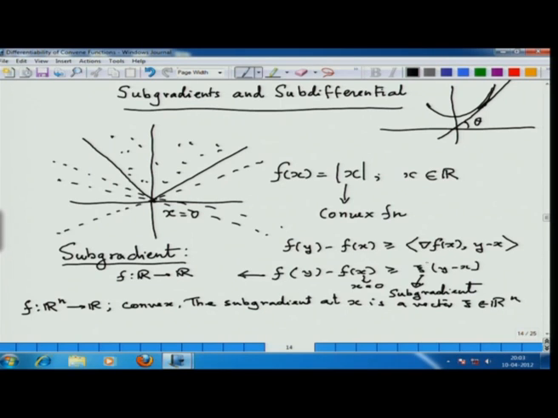Do not confuse this with xi in R. If you are confused, I would just rub it off and give it a new name. Instead of xi, I call it any v, an element of Rn, such that f(y) minus f(x) is greater than or equal to v times (y minus x), and this should be true for all y in Rn.